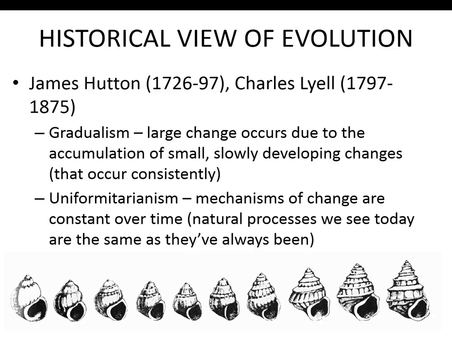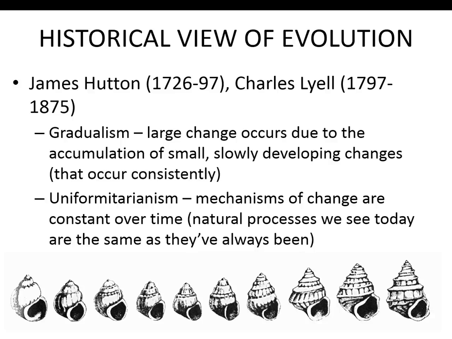And then, contemporary with Cuvier, we see James Hutton and Charles Lyell, around that same time. These two gentlemen had similar ideas, and I group them together because they're related. The idea of gradualism states that large change occurs due to the accumulation of small changes over time, and uniformitarianism says that the mechanisms of change are constant over time.